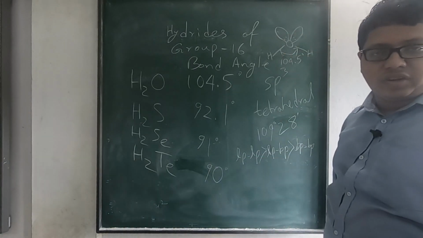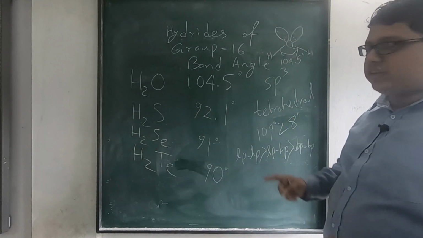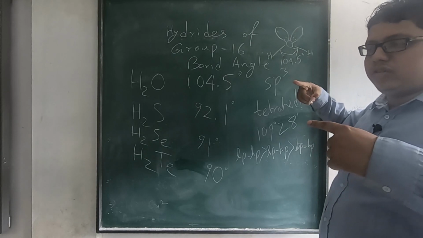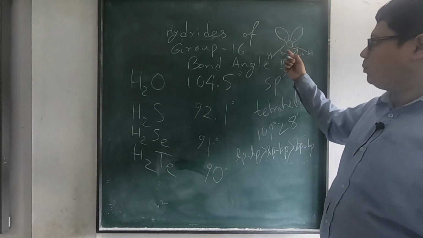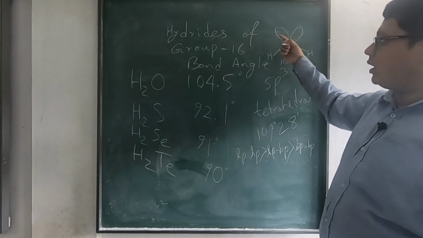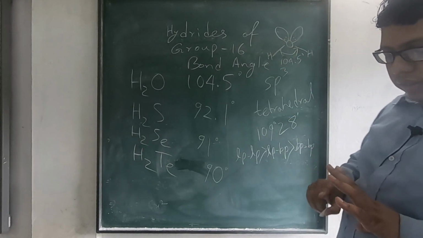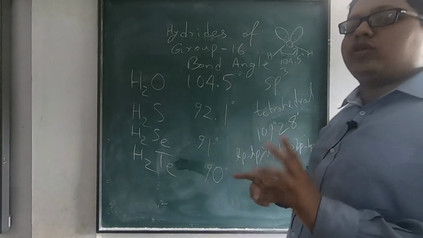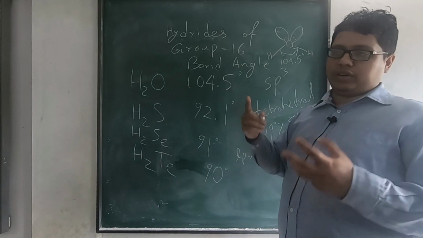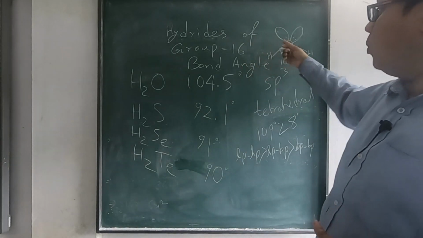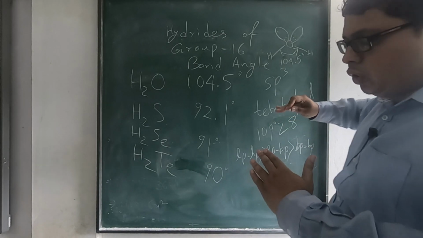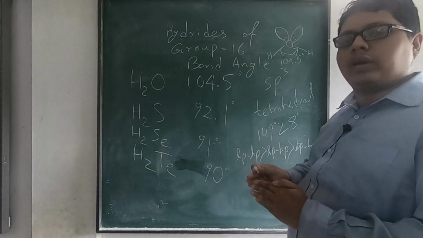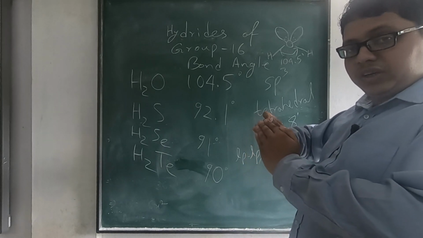There are two lone pairs in the structure of water. These lone pairs repel each other, so they will push the bonded hydrogen atoms closer, because the repulsion between these two is less than the repulsion between these two. The molecule always orients itself in such a way that the minimum possible repulsion is going on. So if it is being repelled by the lone pair, it will move closer. The bond pairs will move closer to each other in order to minimize that repulsion. Bond pair and bond pair also repel each other, but this repulsion is less.